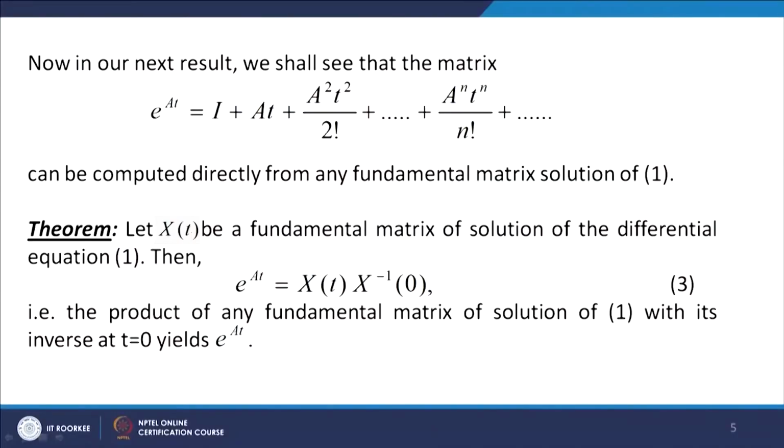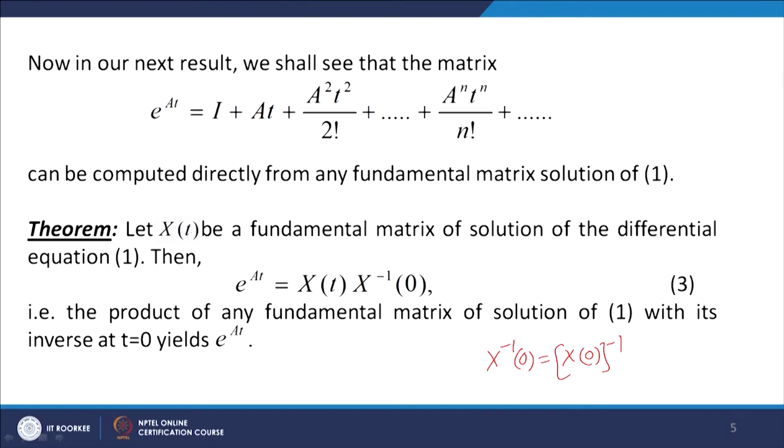The theorem is like this: let X(t) be a fundamental matrix solution of differential equation 1, then e to the power At is X(t) into X(0) whole inverse. X inverse(0) is what I mean to say, the matrix X(0) inverse.